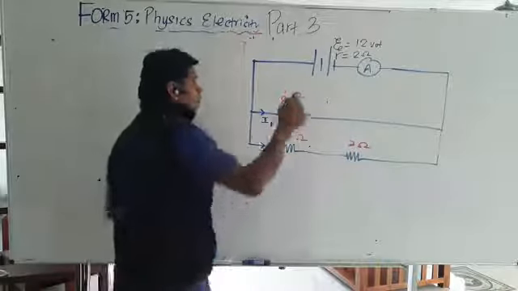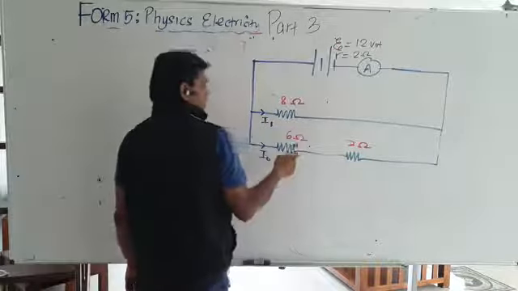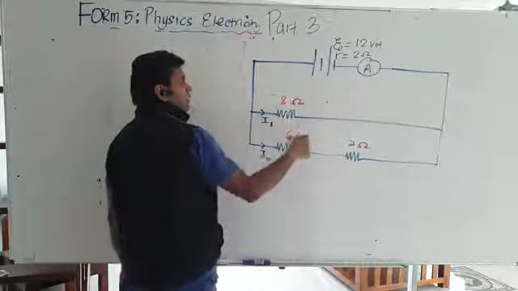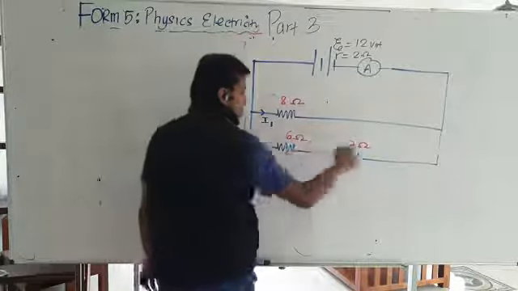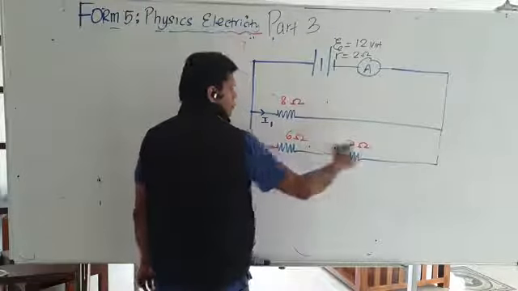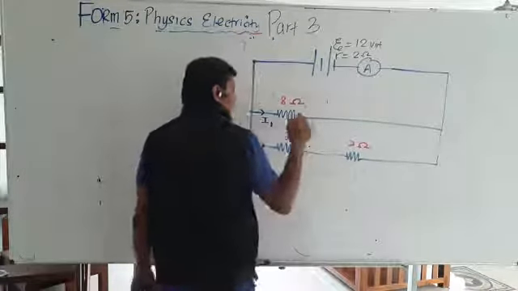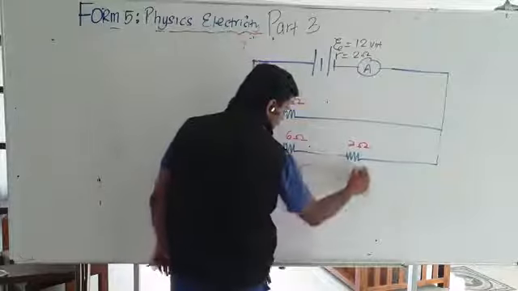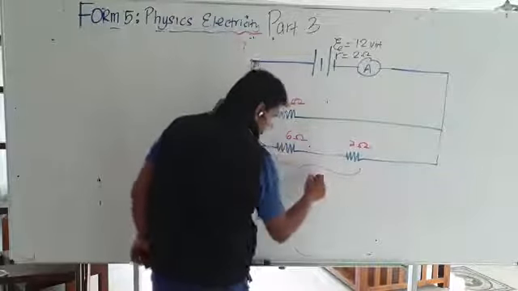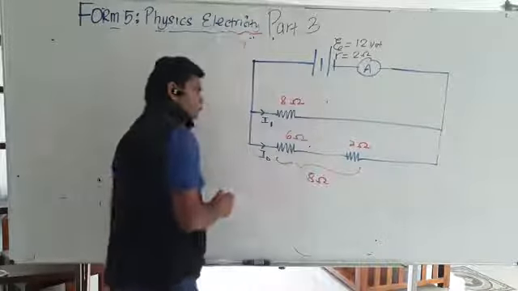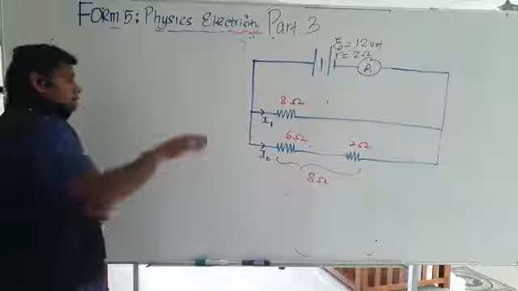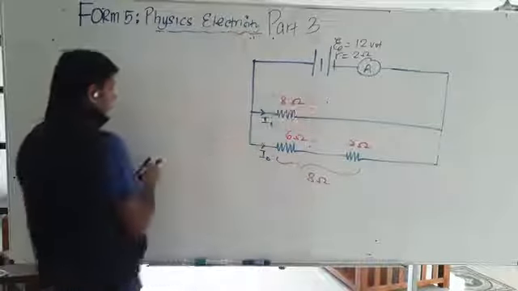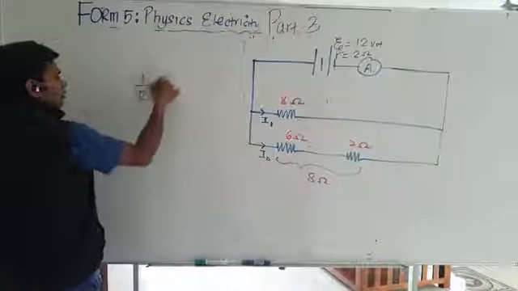So let's use our first formula. No, but before that, let's calculate the total resistance here. This is a series circuit, same line, so you can just add it up. Total here will be 6 plus 2, which is 8 ohms. Are you okay? Good. Then this 2 is parallel. Parallel means we must use this formula.